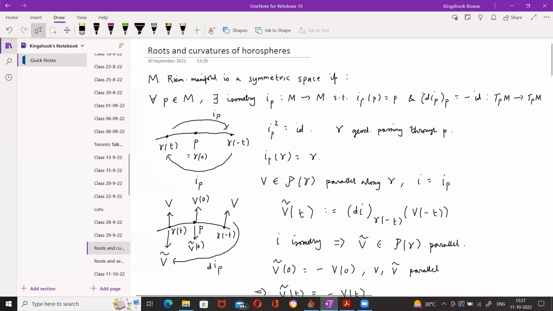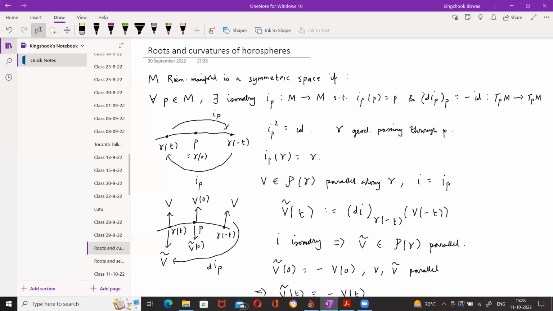Because if you have two such isometries, say F and G, you look at F composed with G inverse. That will fix P and its derivative at P will be the identity. And then it's easy to show, for any complete Riemannian manifold, that if an isometry fixes a point and its derivative at that point is the identity, then the map is the identity.